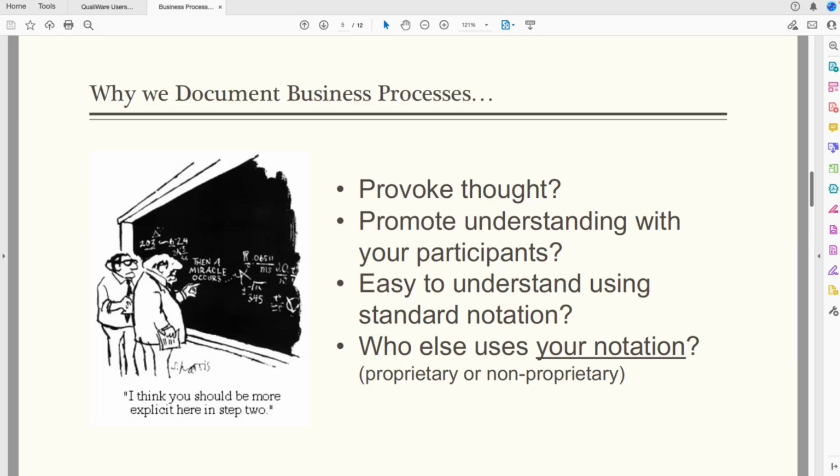And that's when they hung their head and said, yes, unfortunately. And I said, so that means that only this company can come back in and modify these diagrams? And he said, yes to that. So that's telling, and you've got to be careful of getting caught up in that. So who else uses the notation that you're picking? Is it proprietary or is it non-proprietary? Let's go to the next slide.